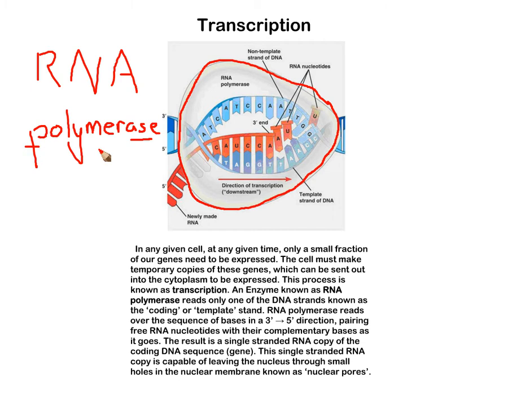A polymer is a long chain, a molecule that's made up of monomers, single units that have been pieced together. So this enzyme is the RNA piecing together enzyme. The name tells you what it does already: polymer, a long chain assembled out of small parts.